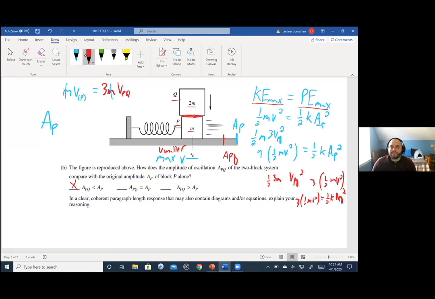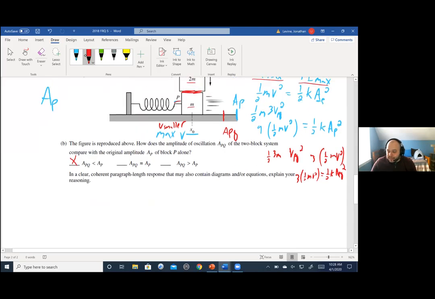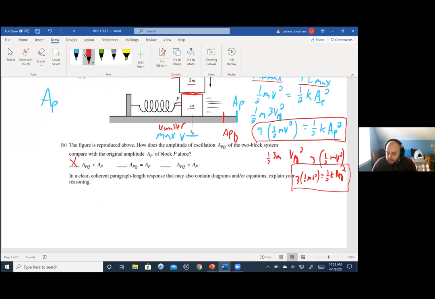So how would we do that? Would it just be rad 3 of its original value? Meaning we'd have to solve this for APQ. Mathematically, what I would have to do here is compare this equation right here, I'll box this in, to this equation to deduce how AP relates to APQ. The 1/2 k's would cancel if I divided them to get a ratio, and then the 1/2 mv squareds would cancel.